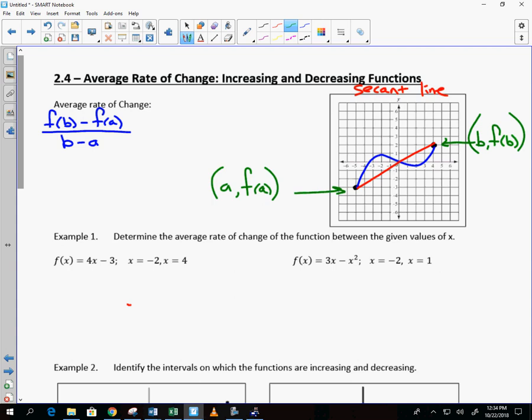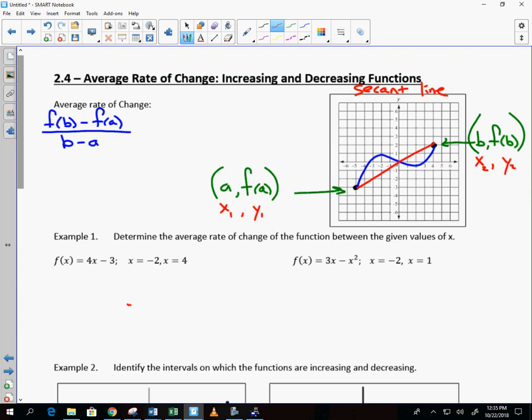I'm going to rewrite this just one more way so you can make a connection. This A value is an x value. This f of A value is a y value. B is an x value. F of B is a y value. Or in other words, x1, y1, x2, y2.